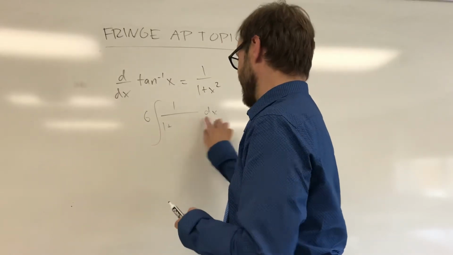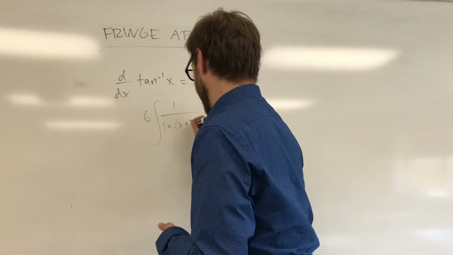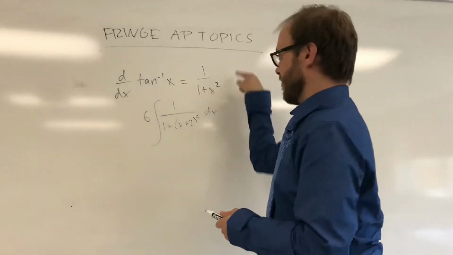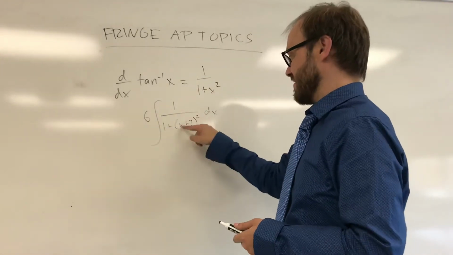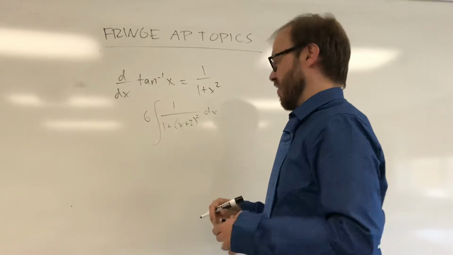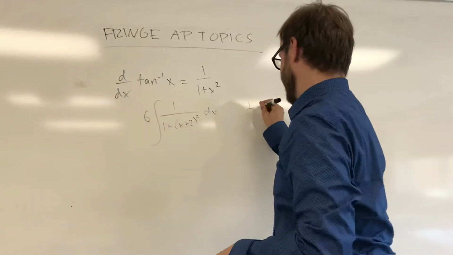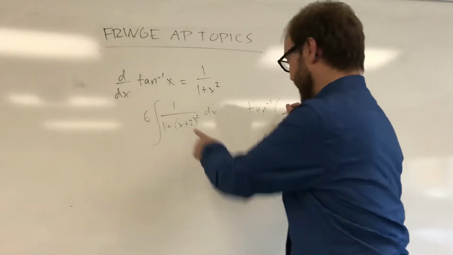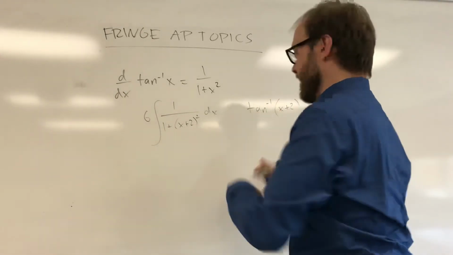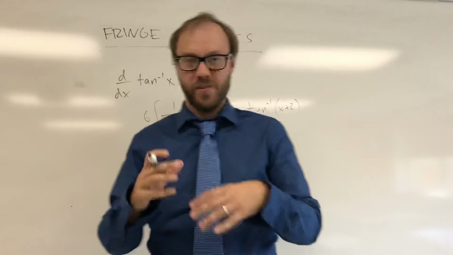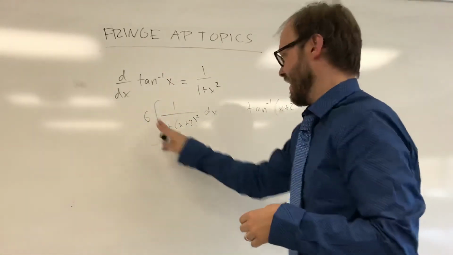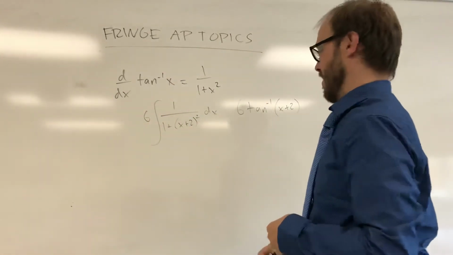So now you can see it follows the pattern of the inverse tangent derivative, 1 over 1 plus the inside function squared. So the antiderivative would be the arctangent of the inside function. Derivative of the inside function's 1, so we don't have to counterbalance or anything like that. And we had a 6 out in front.